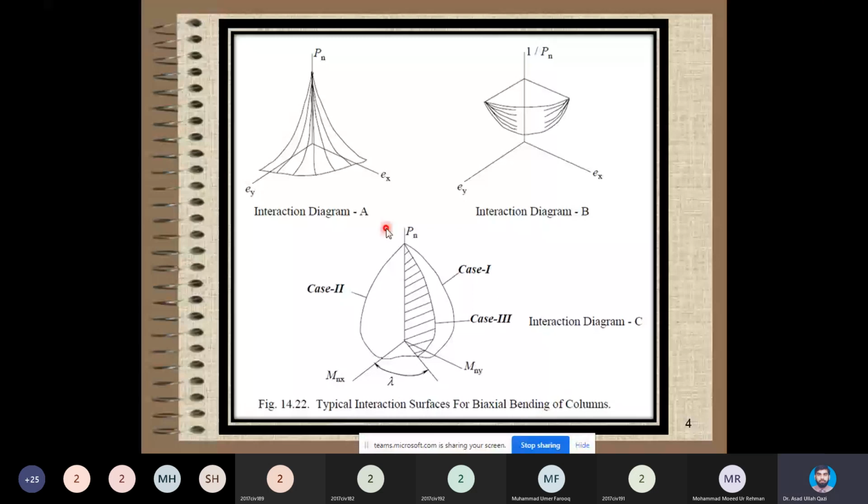If you get P, Mx, My, and rather than nominal you are working on the ultimate design surface, then similar to the uniaxial column you have to select different phi values: phi 0.65 in the compression domain, then a transition from 0.65 to 0.9, and then 0.9 in the tension controlled region.